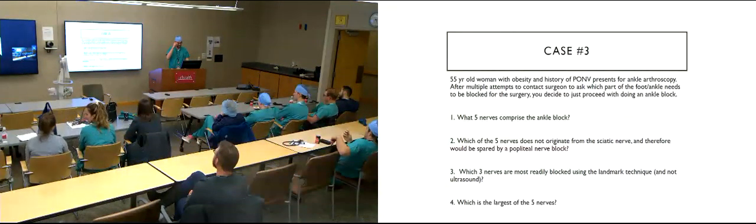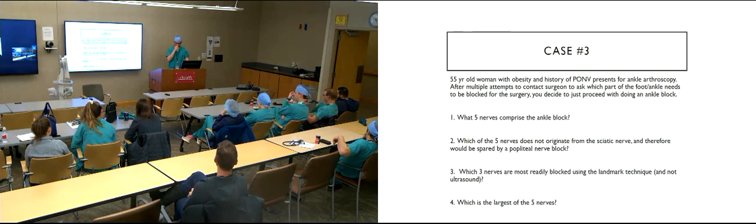And which is the largest of the 5 ankle block nerves? Which one does the most? I just mentioned 3 that only do sensory. Tibial. Yeah, it's tibial. And if you look at the PowerPoint, you can actually see the nerve. It's a beefy nerve, and it's right next to the vessels.